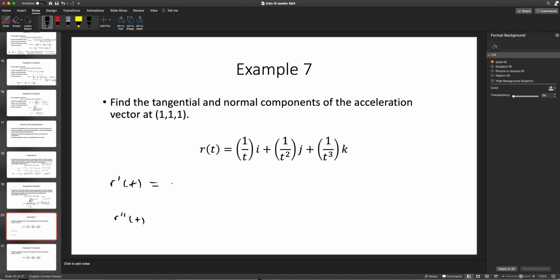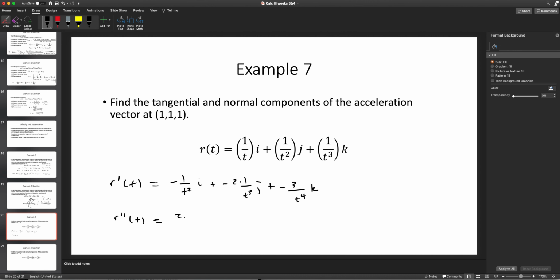So let's do that. Negative 1 over t squared i plus negative 2 over t cubed j plus negative 3 over t to the 4 k. Okay. Okie dokie, and we have to do it again.